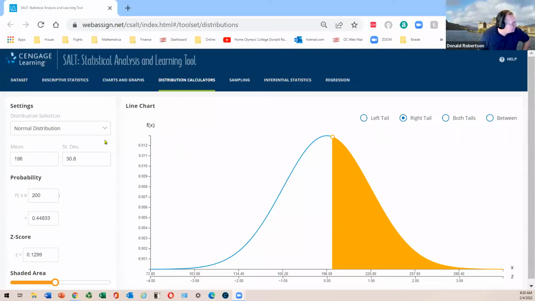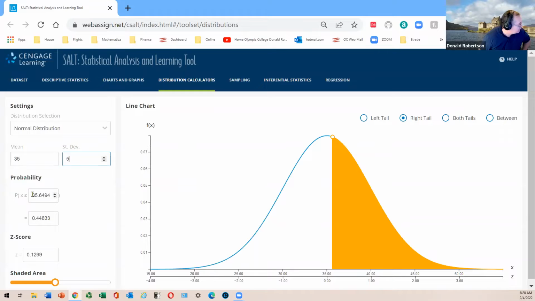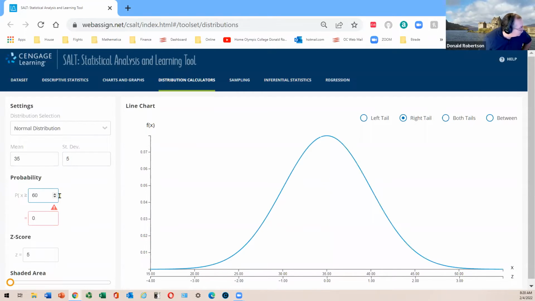Let's go over to salt. If the average age was 35 and the standard deviation was 5, the probability that somebody who's over 60 plays golf, it's not a mistake, and it does happen, and I'm pretty sure it's going to happen in your homework.